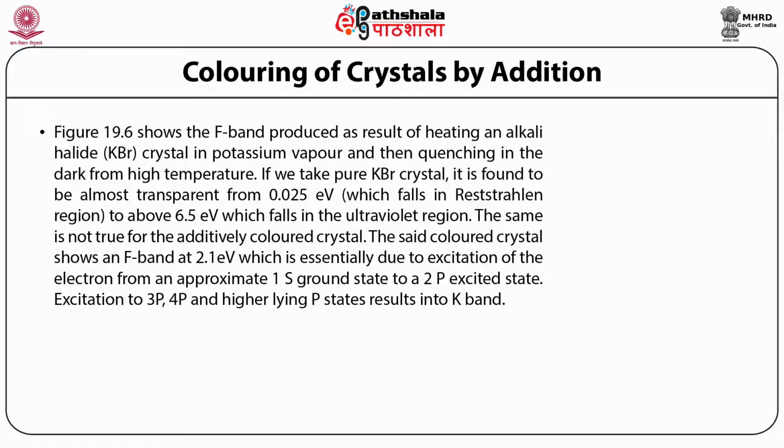The colored crystal shows an F band at 2.1 electron volt, which is essentially due to excitation of the electron from an approximate 1s ground state to a 2p excited state. Excitation to 3p, 4p and higher lying p states results in the K band.